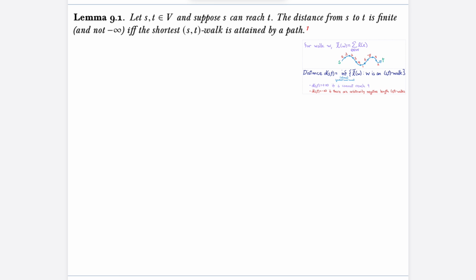So this lemma says the distance from S to T is finite if and only if it's attained by a path. So if it's not negative infinity, if there is a finite value, it's 5 or 10 or -10, then there will in fact be a path from S to T of length -10.